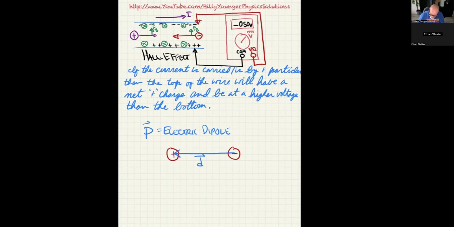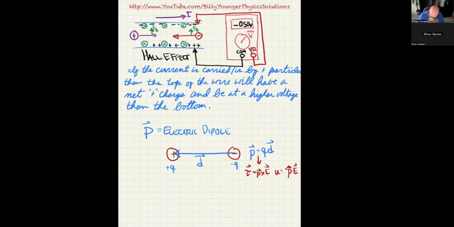Then the dipole moment P is equal to, since this is negative Q and this one's positive Q, just Q times the D vector. Because of that, we discovered that torque is equal to P cross E, and potential energy U is equal to, actually, forget the integral part, negative P dot E.